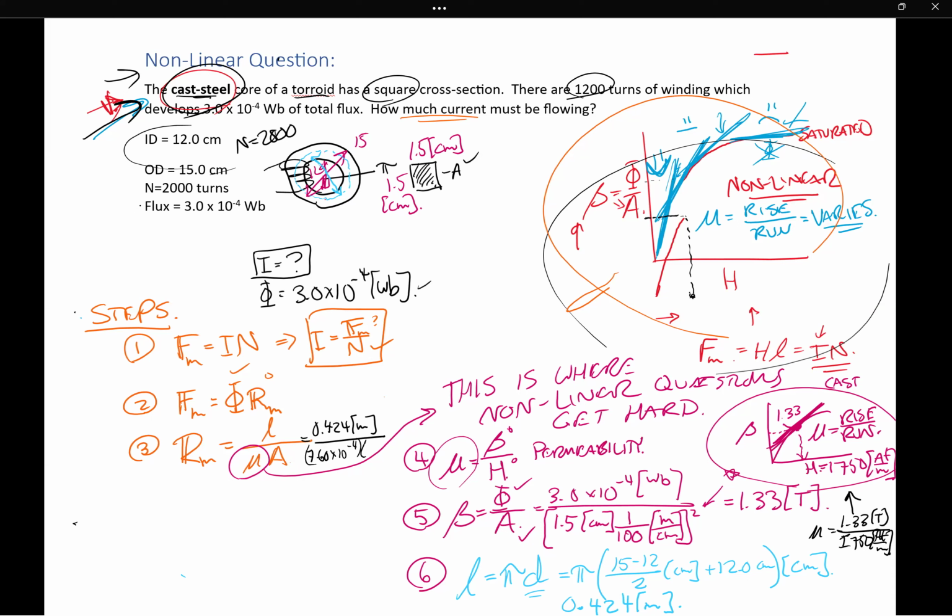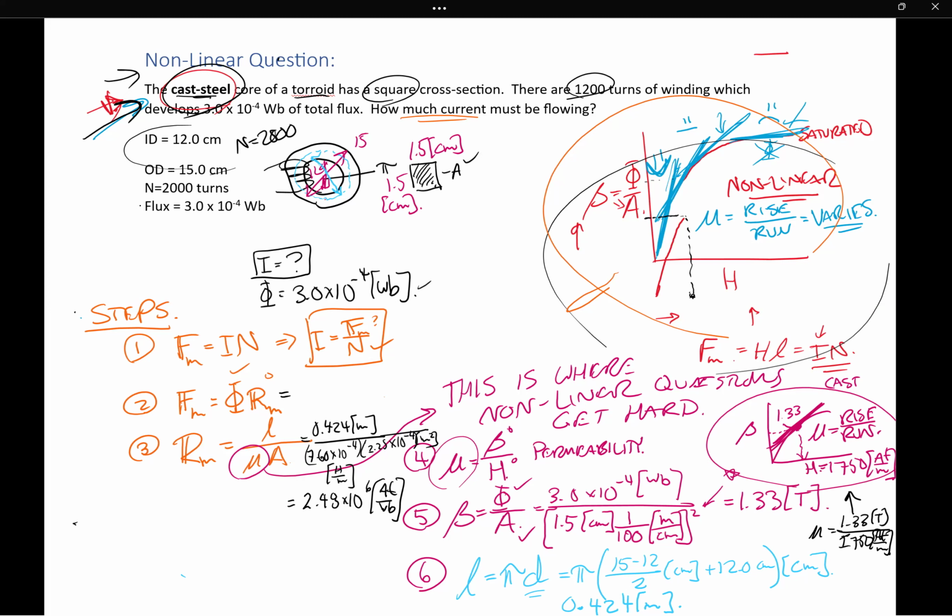Times 2.25 is the cross-sectional area, times 10 to the negative 4 meters squared. And this one was in henries per meter. So that is equal to 2.48 times 10 to the 6 amp turns per Weber, which makes us feel happy because now that's good. Now I can sub into FM here.